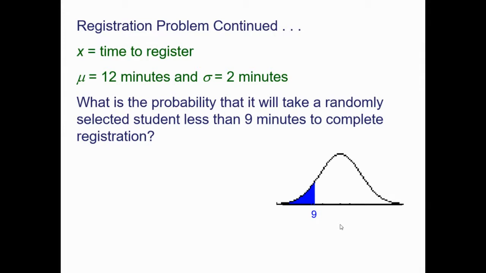So remember, x is our time. So we are essentially being asked to find the probability that x is less than 9. Since we're told this is normally distributed, we can use the standard normal table, but first we have to standardize our 9.